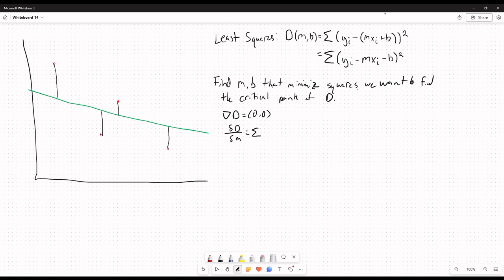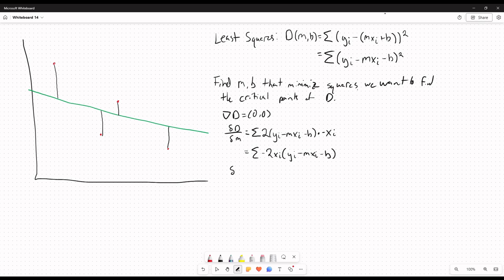Well, I can use the chain rule. That's going to be 2 times (yi - mxi - b), then multiplied by the derivative of the inside with respect to m. That's going to be times negative xi. Or that will be the sum of -2xi times (yi - mxi - b).